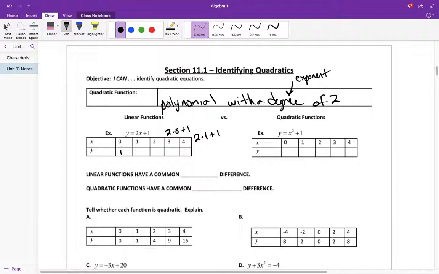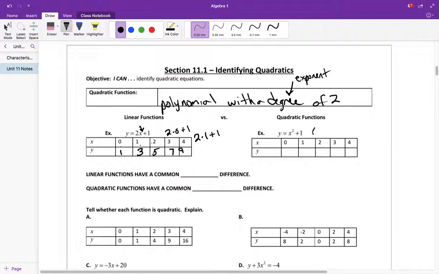In other words, each of these numbers, 0, 1, 2, 3, 4, I am just putting in for x and then putting it into a calculator. So for this one, 2 multiplied by 1 is 2, plus 1 is 3. And then if you do the same thing with the number 2, you'll get the number 5 out, and then 7, and then 9.